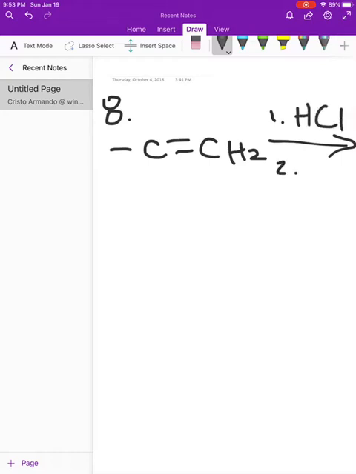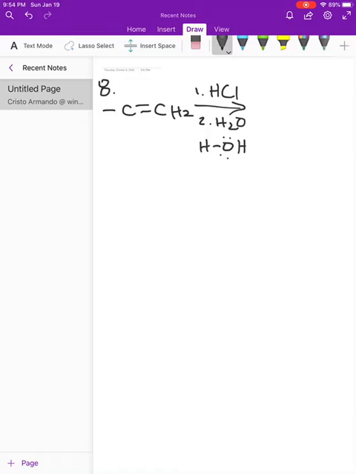HCl, which is our acid catalyst, and we're going to have water. And I like drawing water like this, knowing that it has those 2 lone pairs right there. So this is a little bit of a different reaction in that it's 2 steps. So I'm going to try to be as thorough as possible on this example.